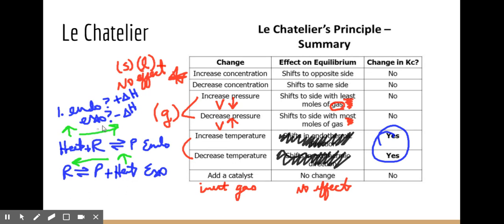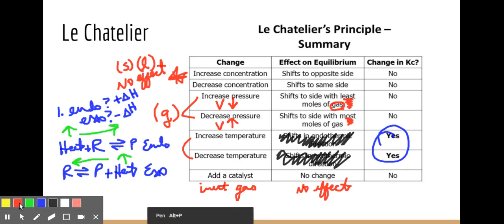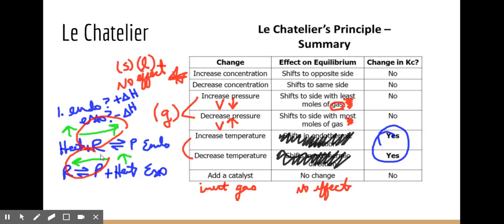Now, how does this shift right here affect my K value? Well, anytime you are shifting due to temperature and due to temperature only towards your products, that means K value will increase. Reason why? I'm making more products. Products is on the top, so therefore K will be bigger.